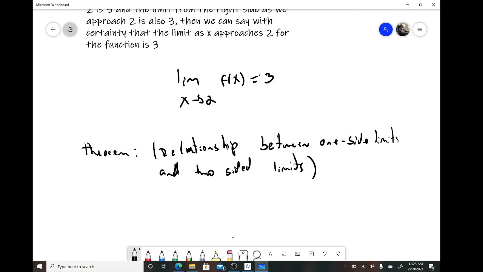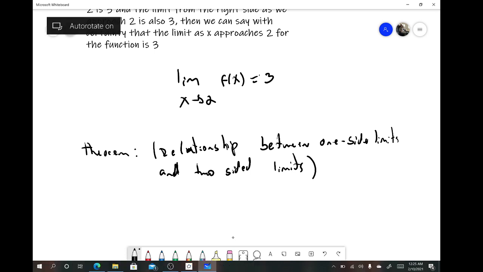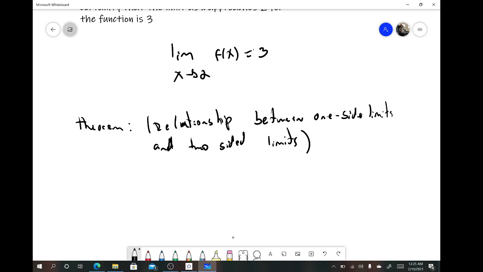Okay, so the theorem says the following.